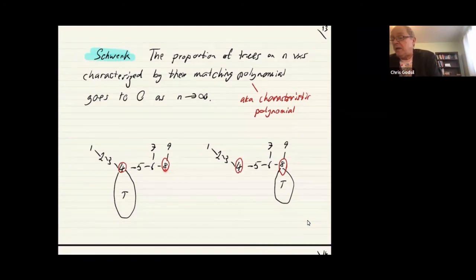Now, the interesting thing about that tree on 9 vertices is that the graphs you get by deleting vertex 4 and vertex 8 have the same characteristic polynomial. And so if you think back to the formula I wrote down for the 1-sum, I said there were 4 graphs involved: X, Y, X delete the joining vertex, Y delete the joining vertex. If you think about that for a second, that implies that those 2 graphs have the same characteristic polynomial.